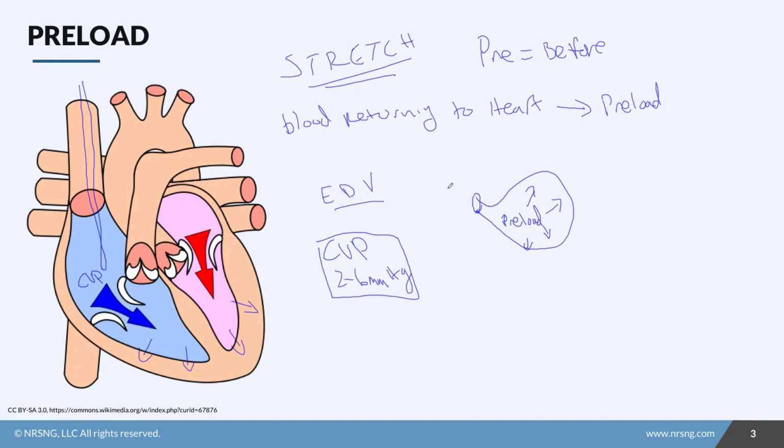Now, so what kinds of things can cause a change in preload? So we'll say increased preload and a decreased preload. Now, anything that decreases the return of blood to the heart, so things like hemorrhage, dehydration, or even massive peripheral vasodilation.